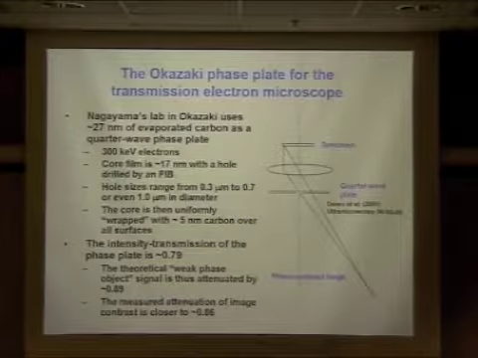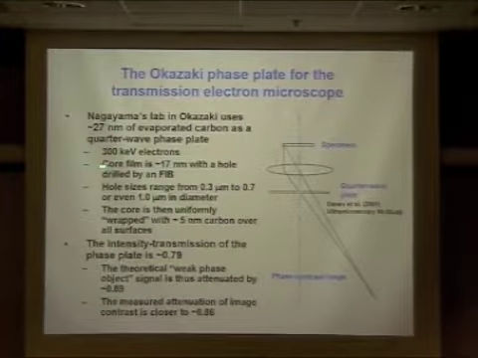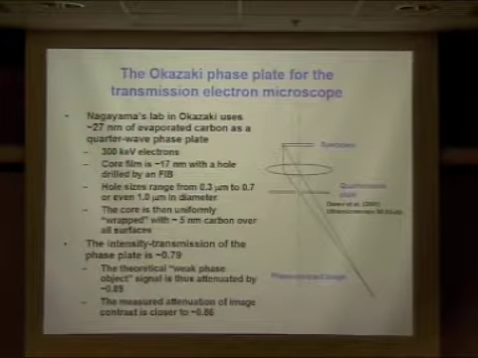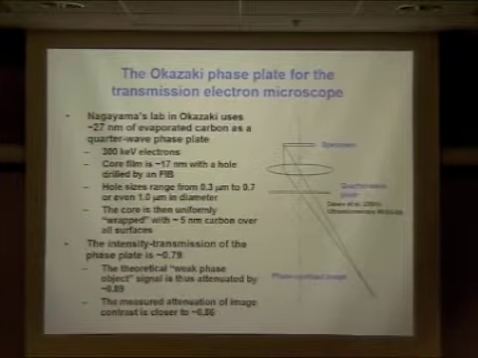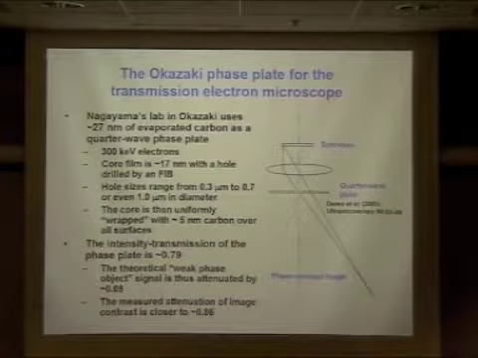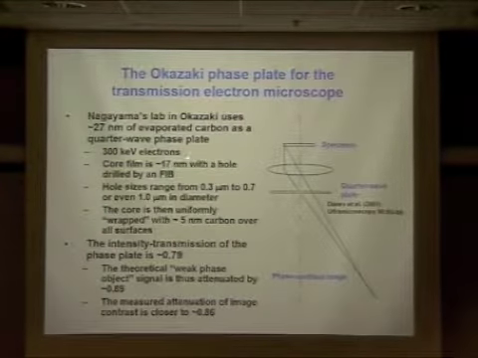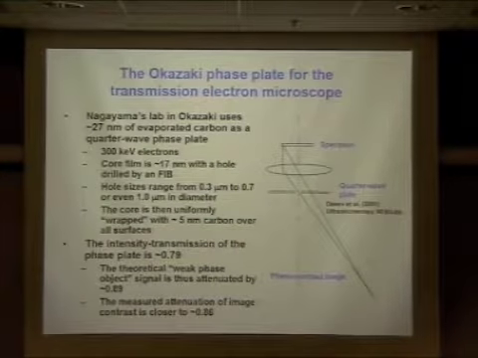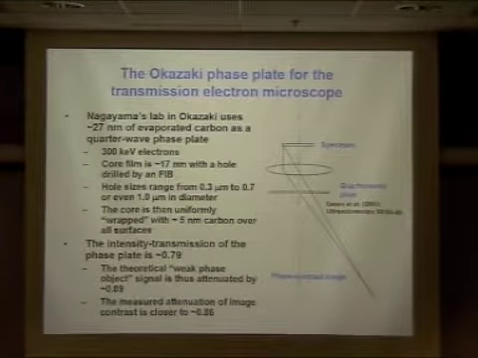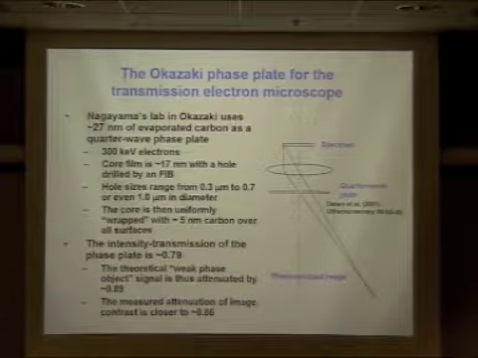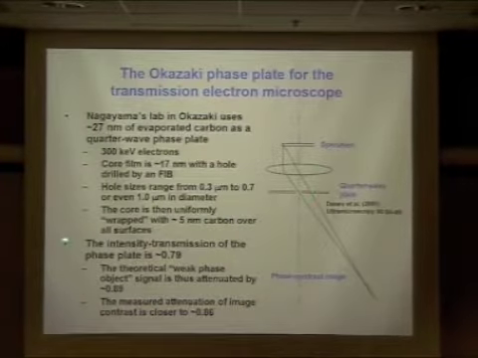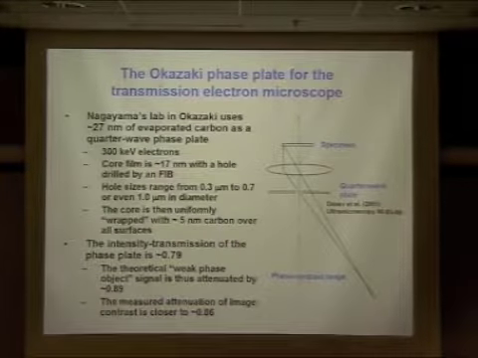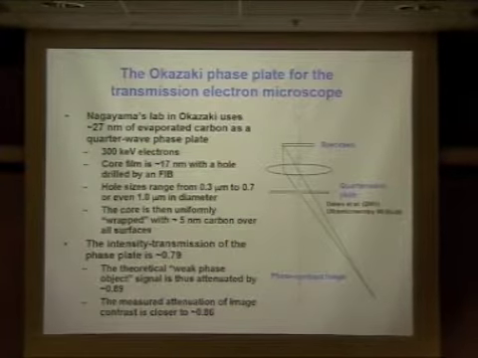The quarter wave plate for a 300 kV electron should be roughly 27 nanometers of evaporated carbon. That consists of a core carbon film that's 17 nanometers thick with a hole in it. These hole sizes vary from 0.3 micrometer up to 1 micrometer. Then that core is uniformly wrapped by evaporating more carbon onto it afterward, over all the surfaces.